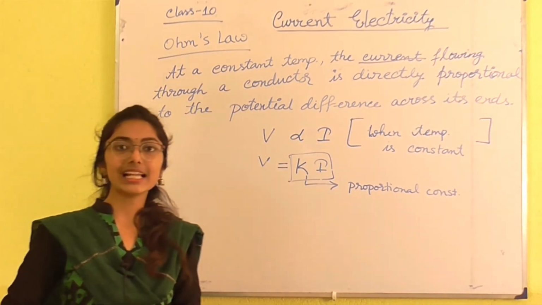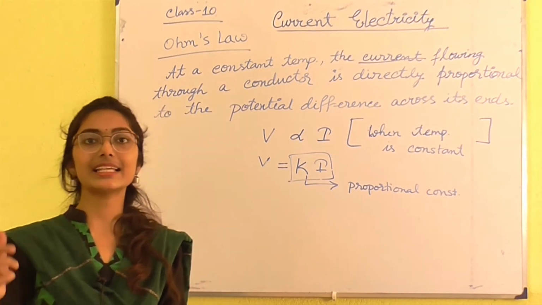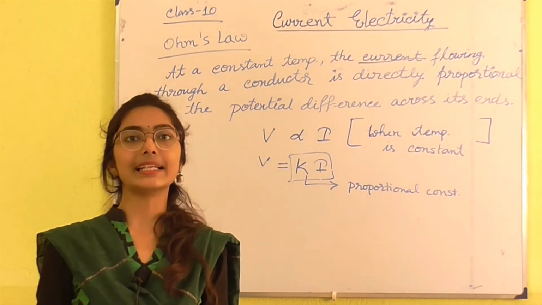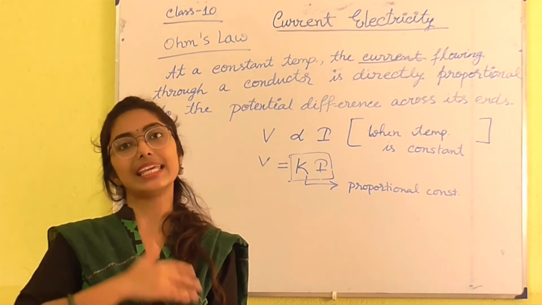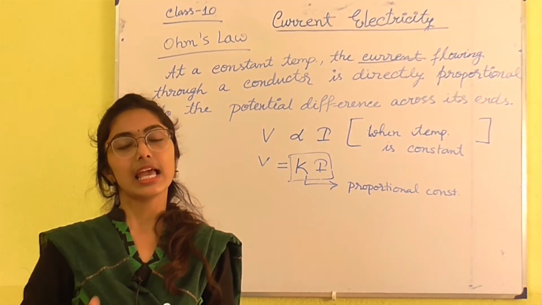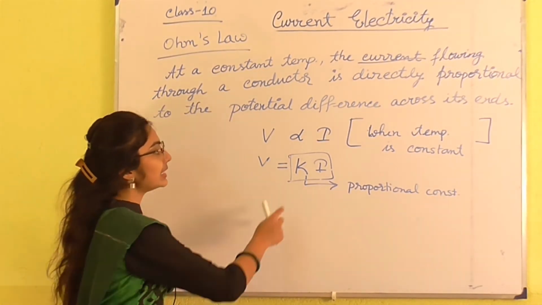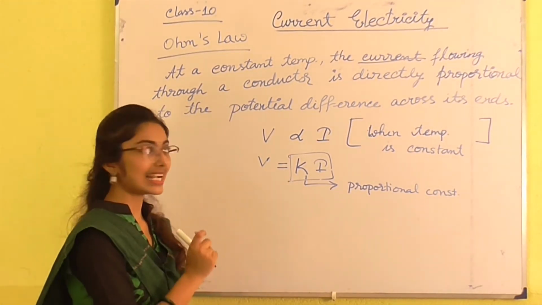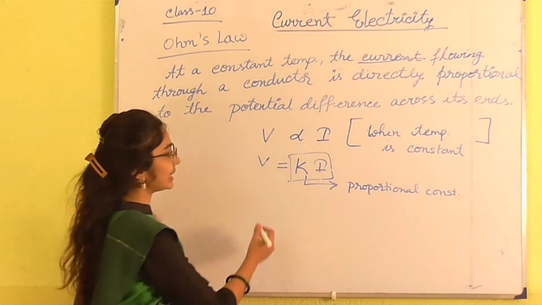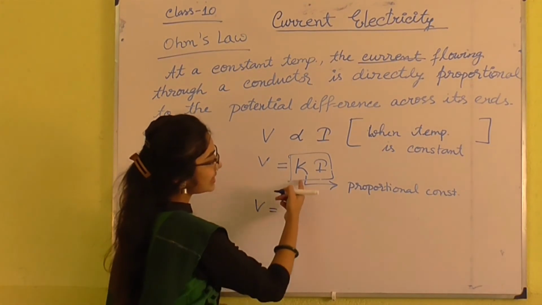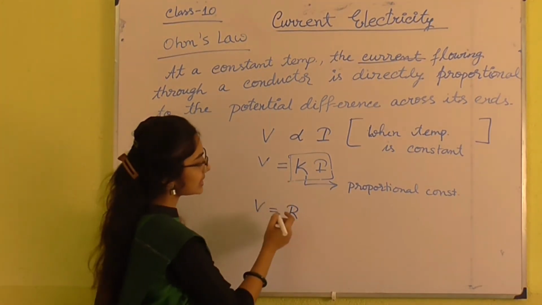So K is basically such a thing that acts against the current. When I want to increase the current, K is decreased, and when I want to decrease it, K is increased. So this is actually the resistance that is offered in the electric circuit. So this is resistance, so we can replace K by R.